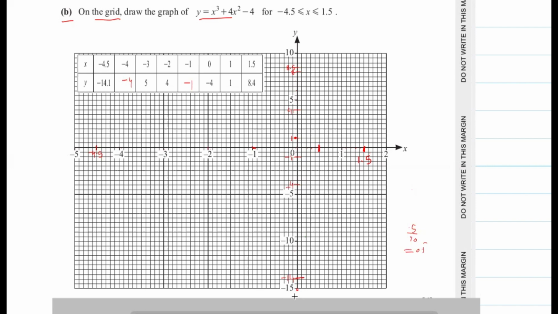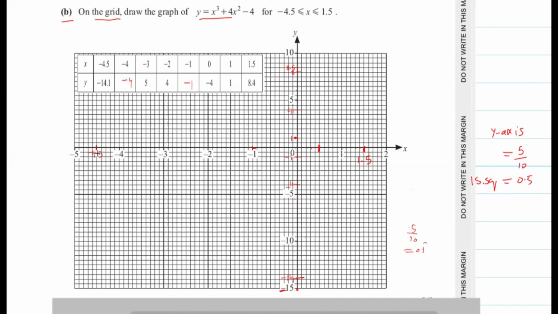Look here, the -14 value will be just above -15, two small squares above, because on the y-axis there are 10 small squares from 0 to 5, and these 10 small squares have 5 units, therefore 5 over 10 equals 0.5, and this is the value of one small square. Therefore, two small squares will be equal to 1, so this value will be -15.